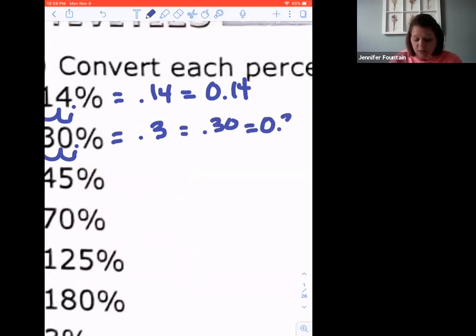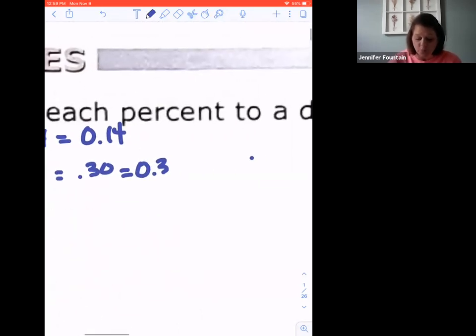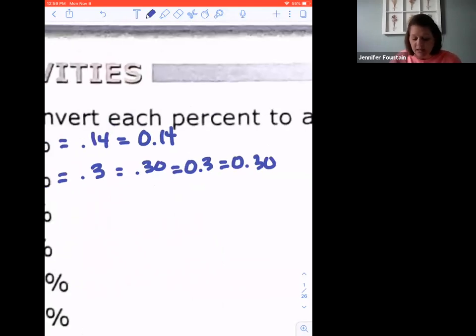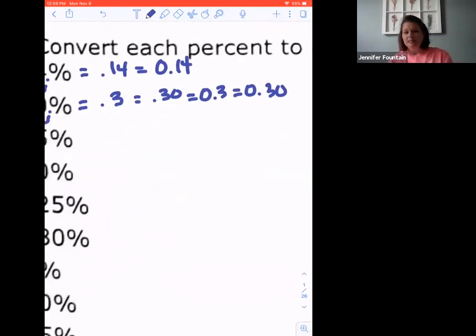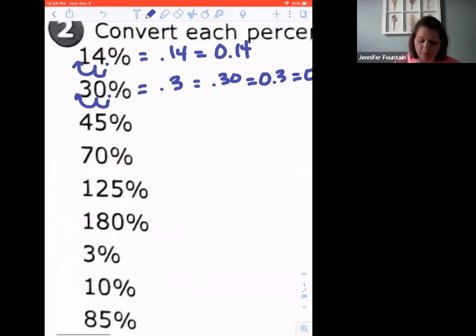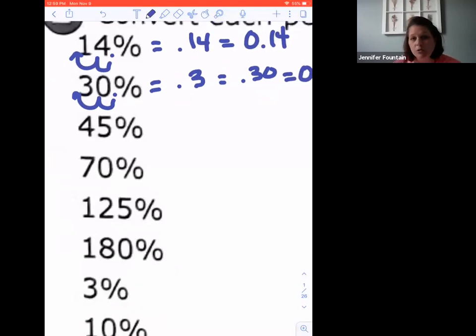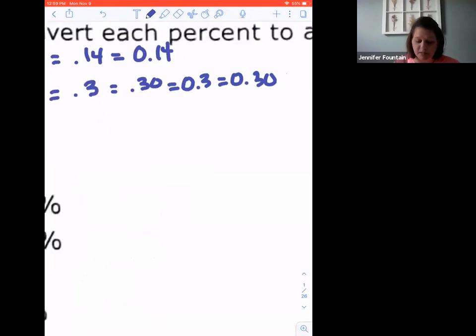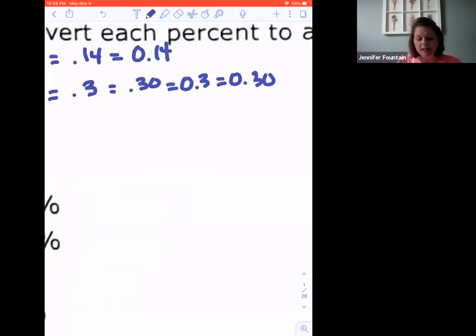With decimals, it doesn't matter if I have a zero in front of the number, and it doesn't matter if I put another one after the number. The value is still the same. So on that one, if you wanted to have 0.30, you could. 0.3 is the same thing. All of these mean exactly the same thing.